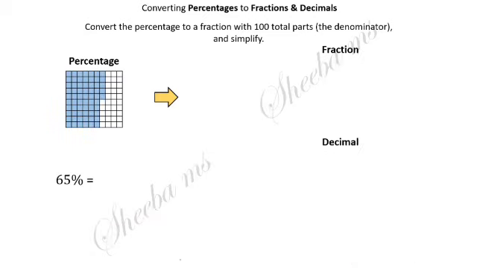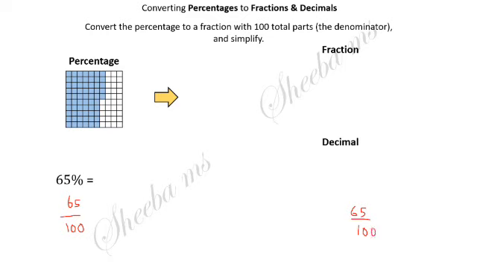Now let us take another example. Can you have a try? 65 percentage means 65 by 100. We can write this fraction as a decimal: 65 by 100.